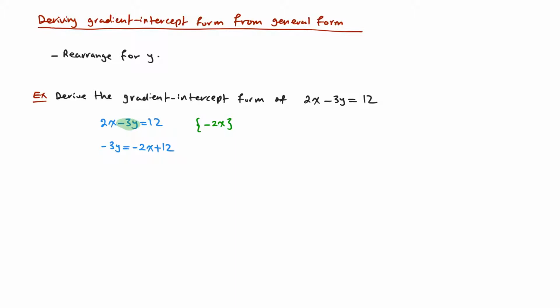And then I can see that I am trying to isolate for y over here. Actually, I will highlight it in green. So to isolate for y, I can see that it's being multiplied by negative 3 because I have negative 3y, and that means it's y multiplied by negative 3. So to isolate for it, I have to divide both sides by negative 3.